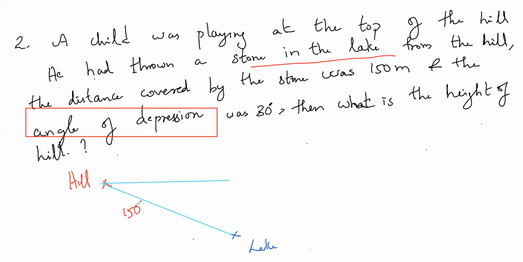And the angle of depression is 30 degree. Then what is the height of the hill? So this is from lake to here. This is my height of the hill, so that I will join. This one I have to find. How do I find this thing?